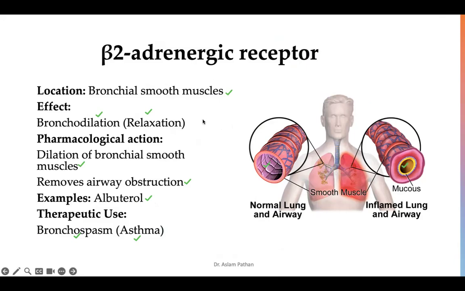And where do we need bronchodilation? If there is any bronchoconstriction, which is generally seen in patients with bronchospasm, asthma, allergy, or COPD. And the drug name is albuterol, salbutamol, which is available as a spray to be inhaled via mouth.